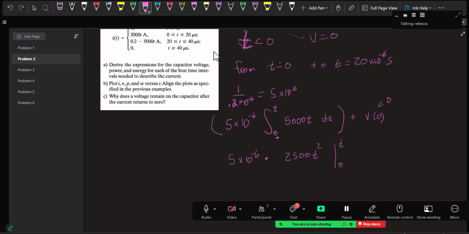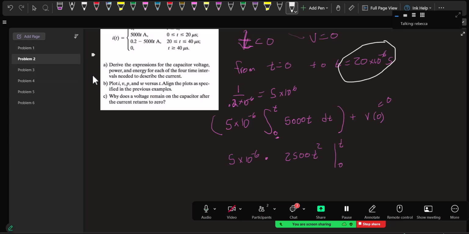I'm not putting in my ending time, because that would tell me what the voltage was at 20 microseconds, but that's not what the question is asking. It's asking what it is as a function of time during that time interval.